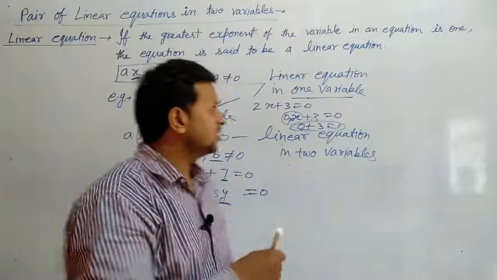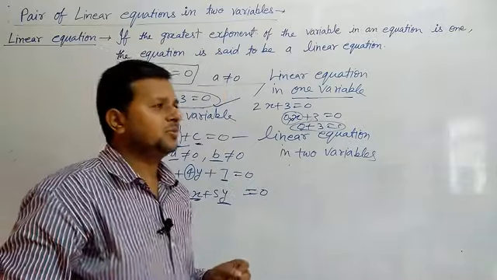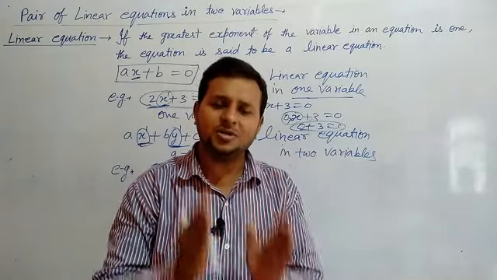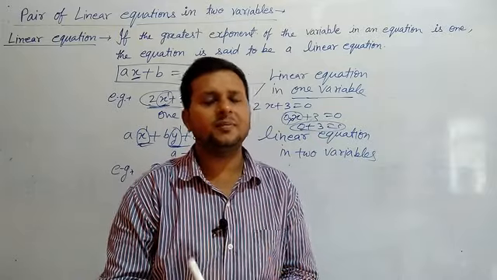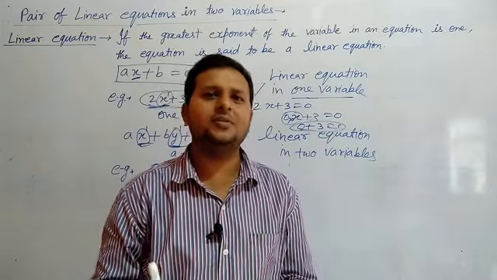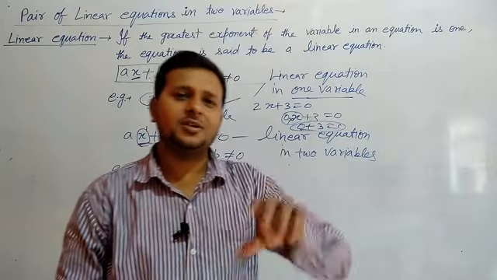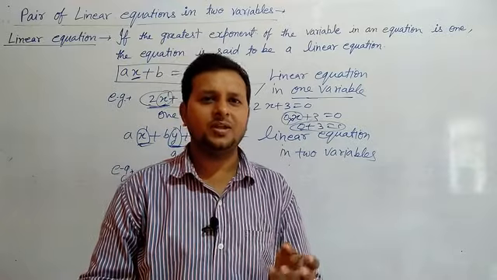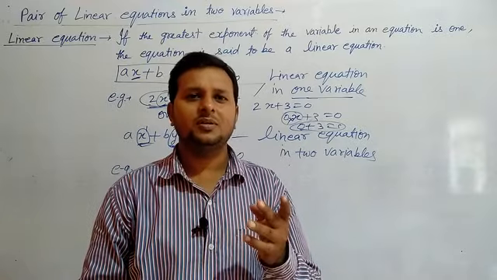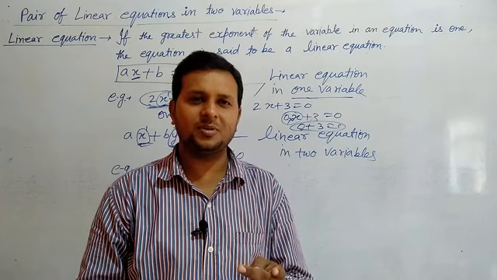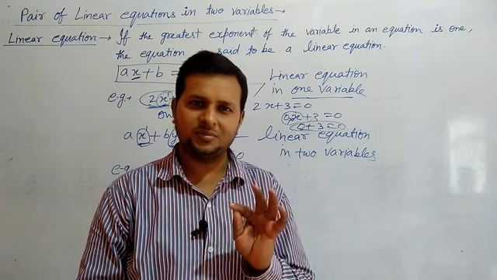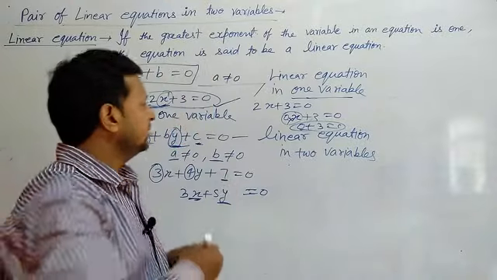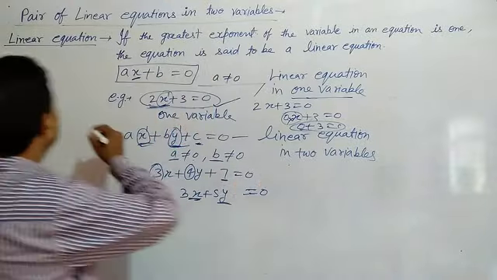also. What is an algebraic equation? An algebraic equation is one in which you have a combination of constants and variables, connected by the fundamental arithmetical operations, like plus, minus, the sign of multiplication, and the sign of division, okay, in this way.